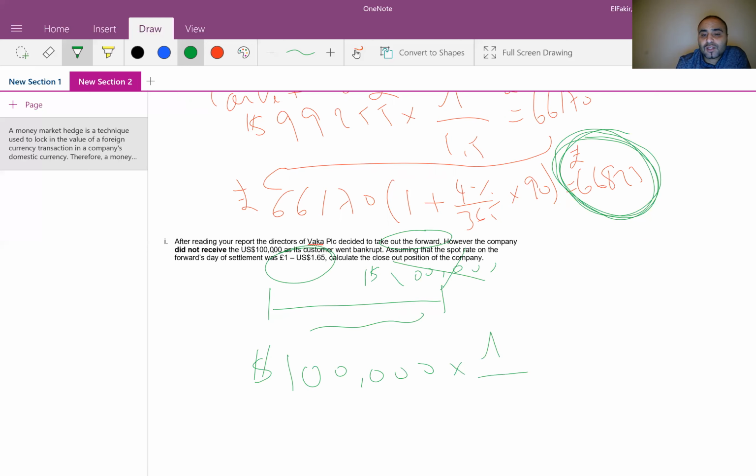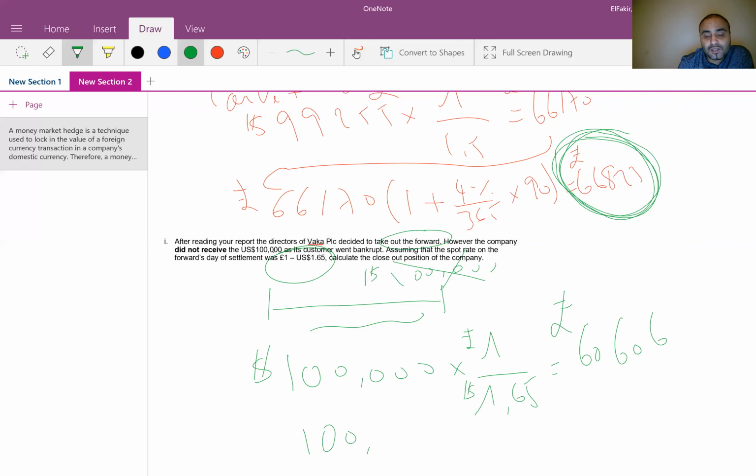So it will cost the company, if I make the calculation right, 100,000 divided by 1.65, and that's 60,606 pounds. So this is how much it will cost the company to get the dollars.